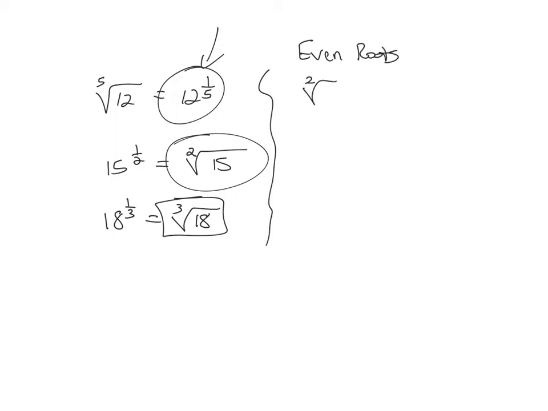If you had square root, fourth root, sixth root, eighth root, and so on, no negative numbers. If there's a negative number underneath there, it doesn't work. But with odd roots, it does work.